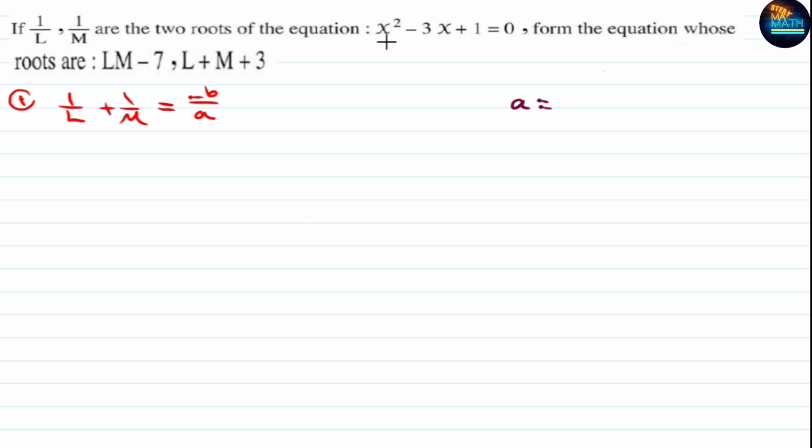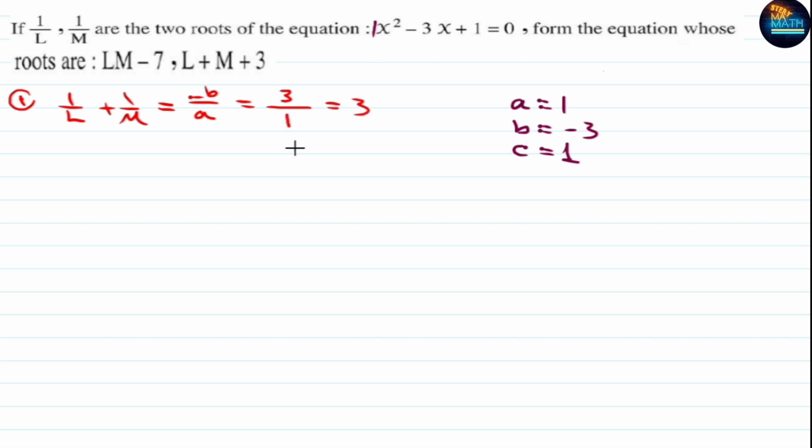A is equal to 1, the coefficient of x squared. B is equal to negative 3, the coefficient of x. And C is the constant term, which is 1. So plug in. Negative B over A, negative negative 3, which is 3, divided by A, which is 1. 3 over 1 is equal to 3.